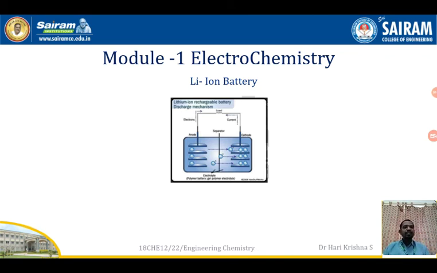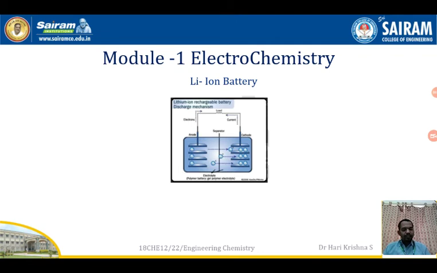Because of this special characteristic of lithium cobalt oxide and graphite, the movement of electrons will be easy, and that induces the conduction. The process of metals and their ions entering into the layered solid is known as the intercalation process.